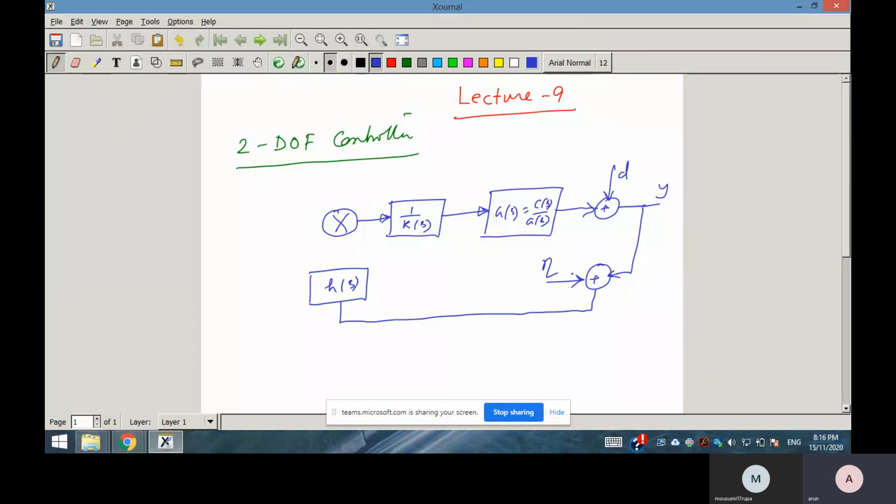Here eta is your measurement noise, and D is your output disturbance or process noise.